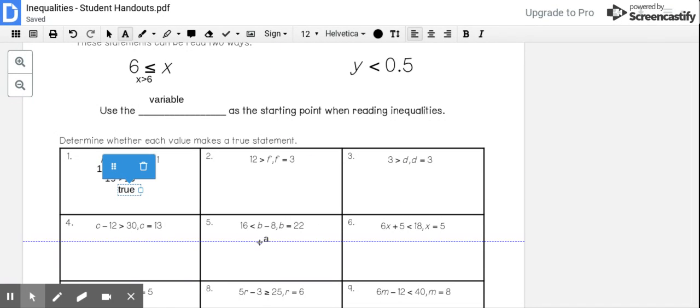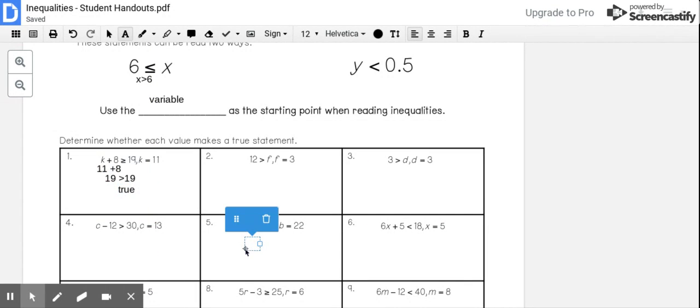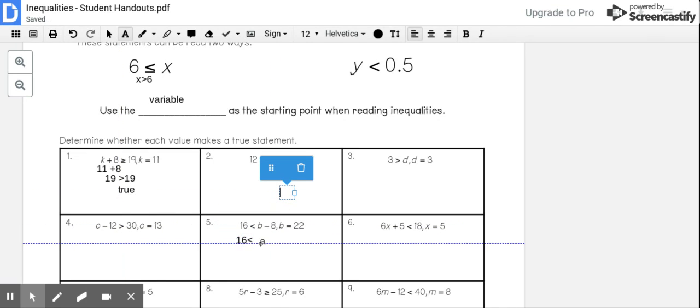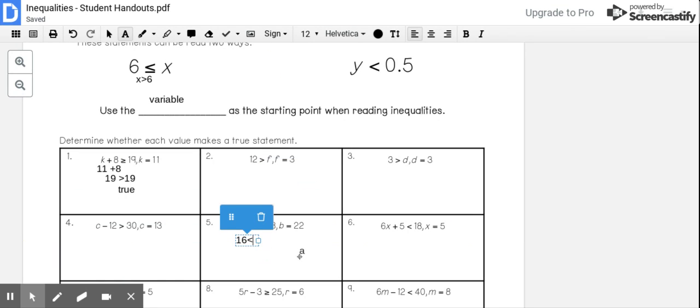Okay, we'll try this one here. I'm going to leave these for you to do on your own, and then we will check them when you're done with this one. So we're going to put the 22 in for the B. So we're going to have 16 is less than, and then we're going to have 22 minus 8.